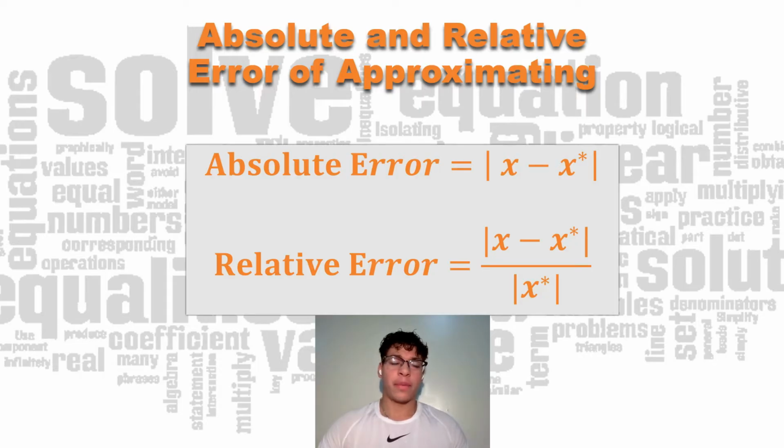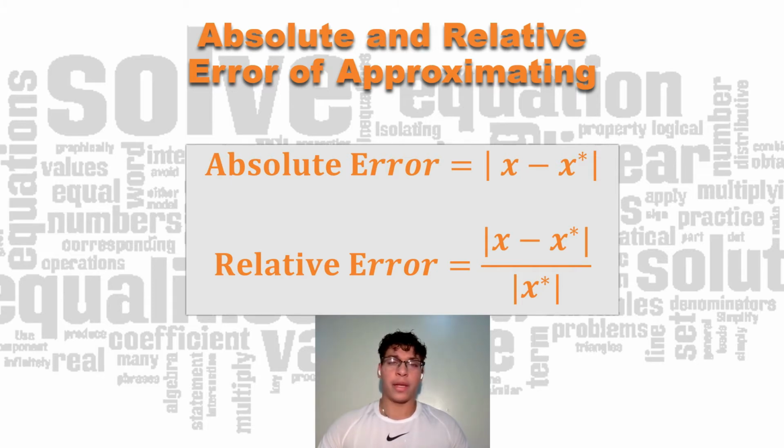Here we have the absolute error and relative error of approximating equations. For the absolute error, we would have to use the absolute value of the computed value minus the true value of the number.